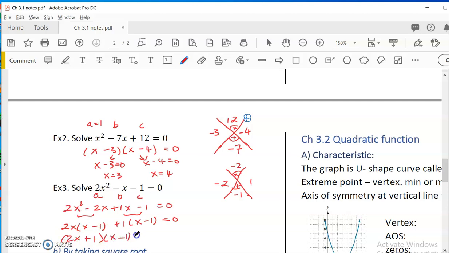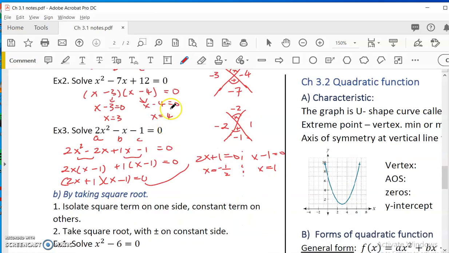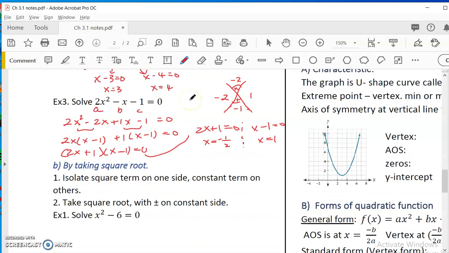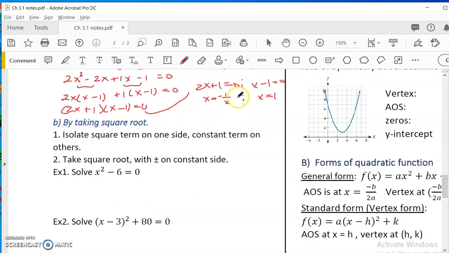We finish factoring. We can split into 2. 2x plus 1 equals 0, x is equal to negative 1/2. I jumped some steps. x minus 1 equals 0, x is equal to 1. But we don't have any complex number because we never need to take any square root. This is factoring, and it is very common for a quadratic equation.